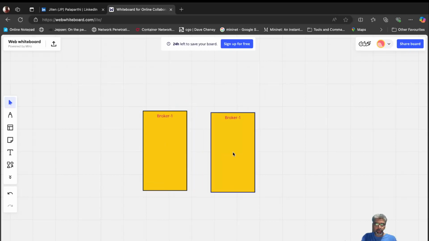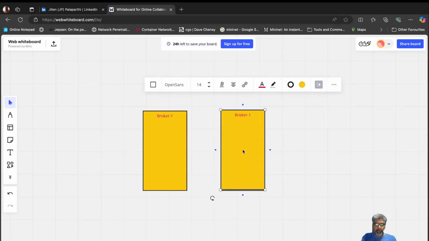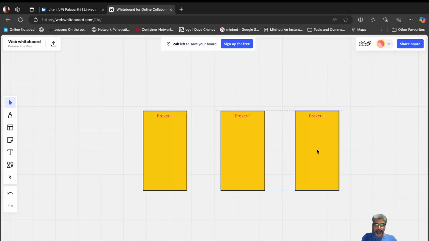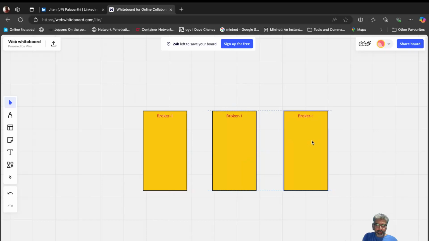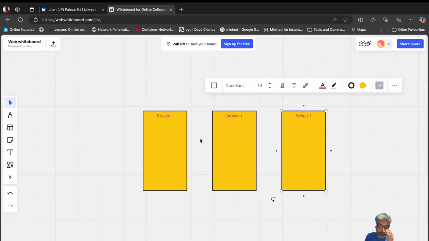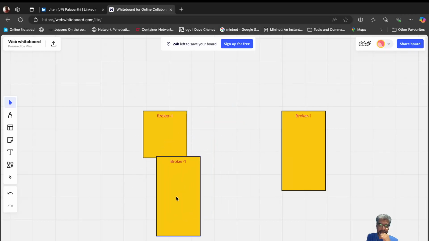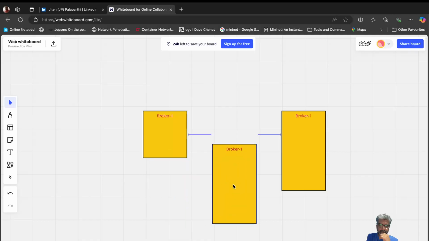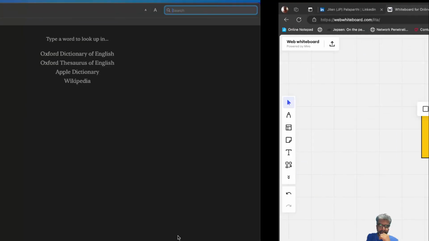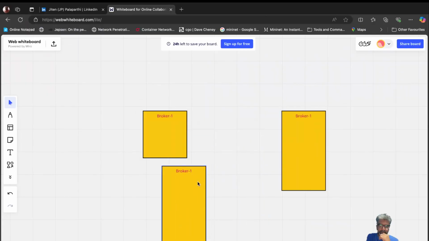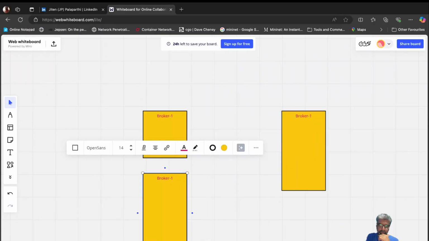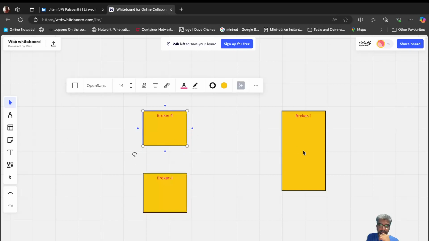Similarly, I have broker two and broker three. I have three brokers basically. Three brokers means, in fact, three servers. So what is a broker? A broker is nothing but a server.